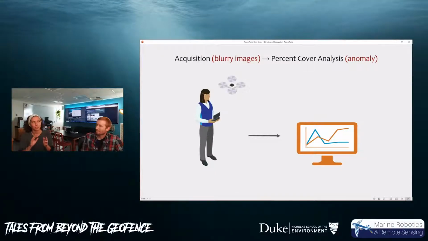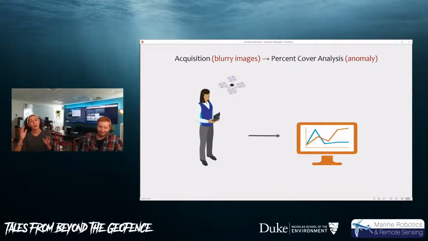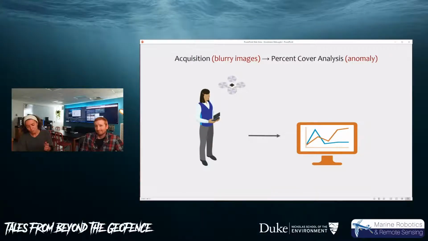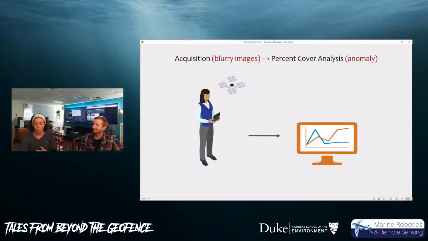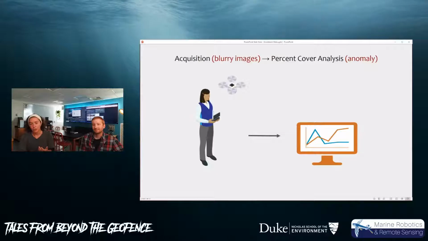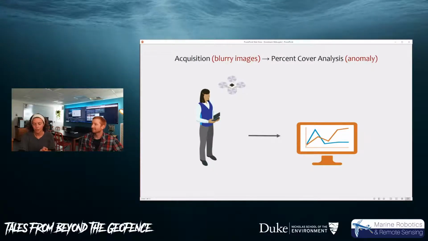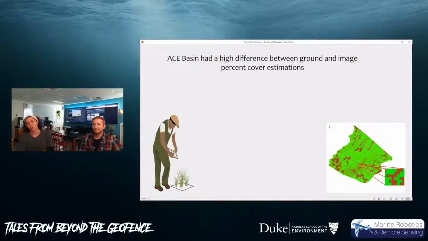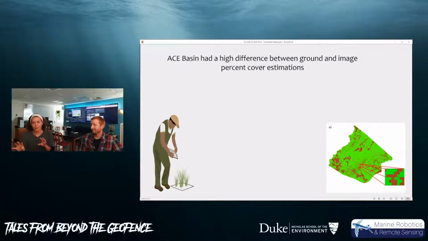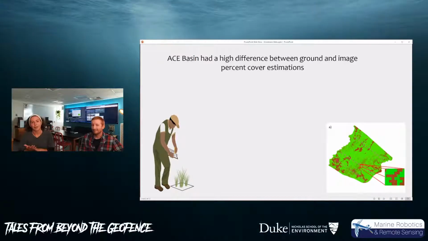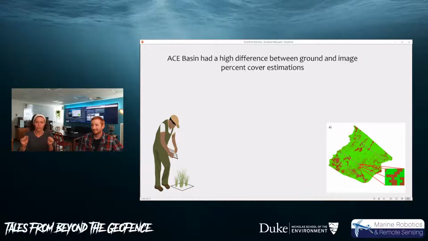Blurry images don't sound like that big a deal, but when we got all the way down to the percent cover analysis and we're comparing results from that analysis, ACE Basin popped out as an anomaly, and it was largely due to that acquisition.